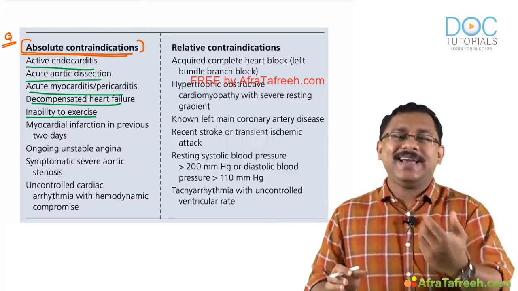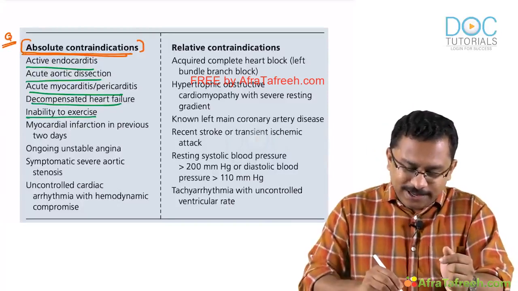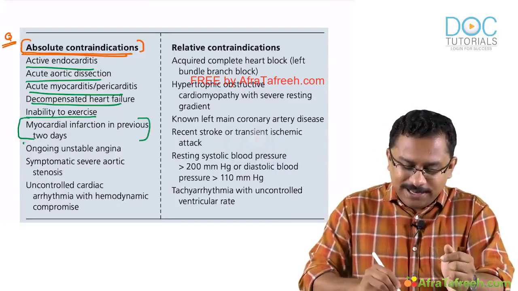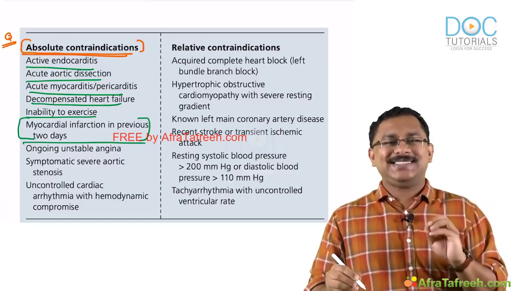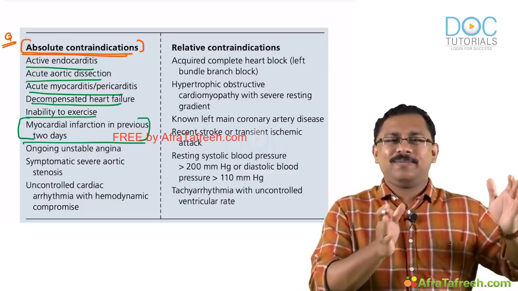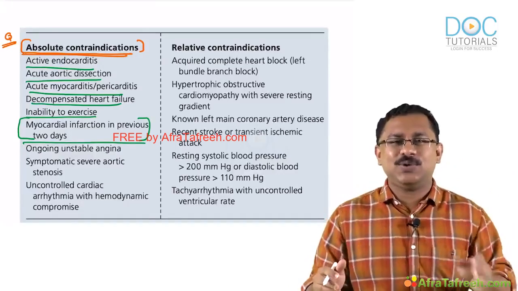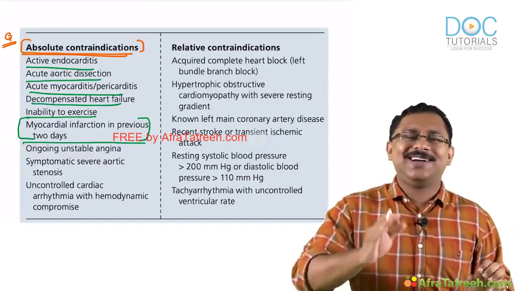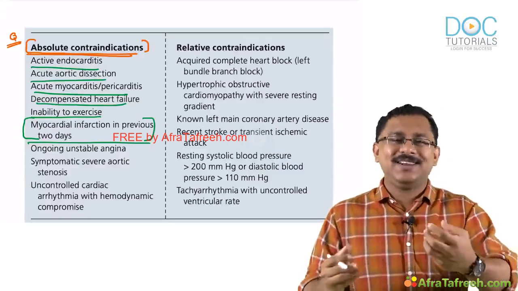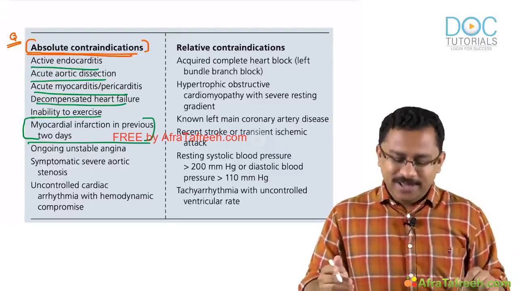Doing this test again can be difficult. Also if he has got a myocardial infarction in the previous 2 days, and he develops an anginal episode, you are not going to proceed with a treadmill test, because that is likely to produce adverse coronary events.